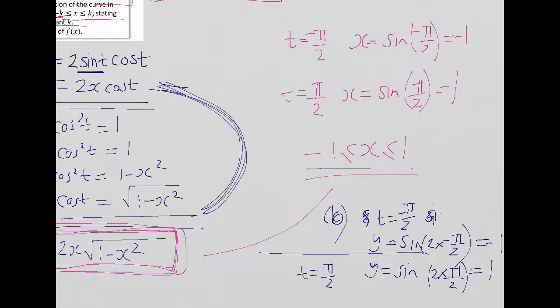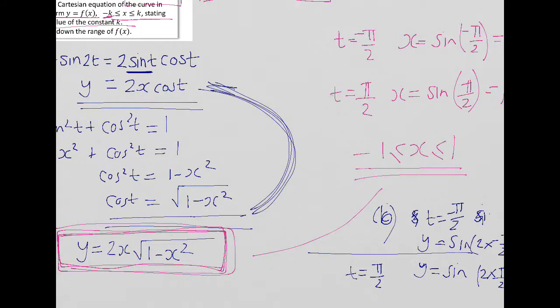And hopefully I can manage to squeeze in this last bit. I don't know whether I will. I've written too large. So I'm now doing the range for f of x, and I've also got 1.